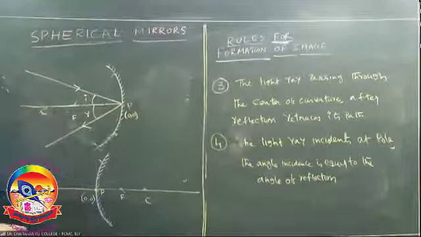Fourth rule for the formation of image. These are the four rules which we use in order to form the image of an object which is placed in front of the spherical mirrors, either concave or convex.